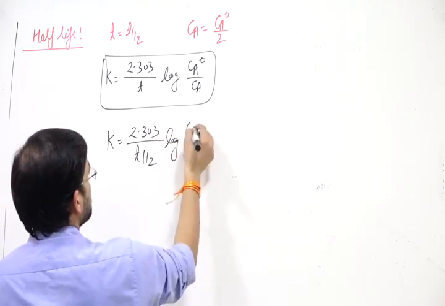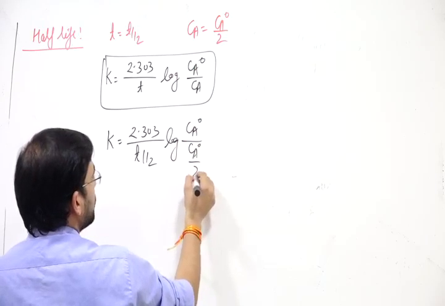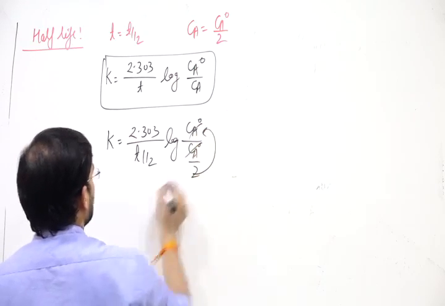Log of Ca naught as it is, but Ca will become Ca naught by 2. Ca naught gets cancelled, 2 goes to the numerator.